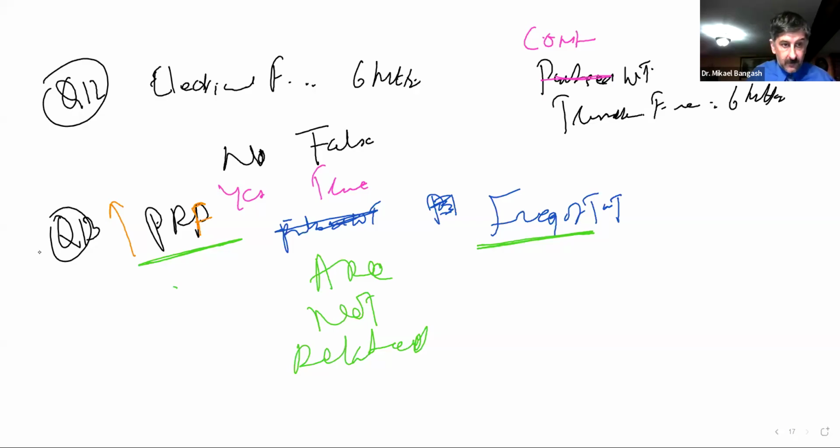Now, say that we had a PCT. This is the front side of the PCT. This is the back side of the PCT. So what does this dimension here become?